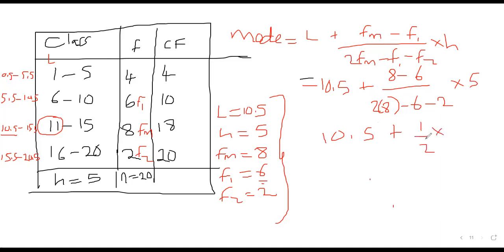When you compute this, you're going to get a quarter of 5. 10.5 plus 1.25, which is 11.75. It's the same answer you're going to get. So this is 2, and here you're going to get 16 minus 6 minus 2, we're going to get 8. So 2 over 8 is the same as a quarter. Are we together?